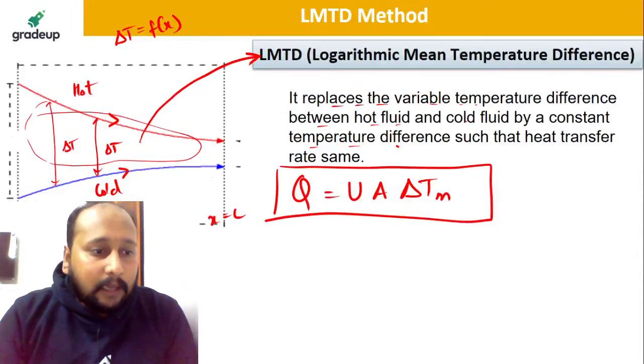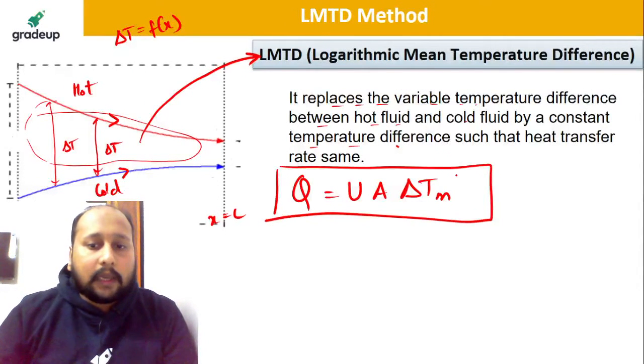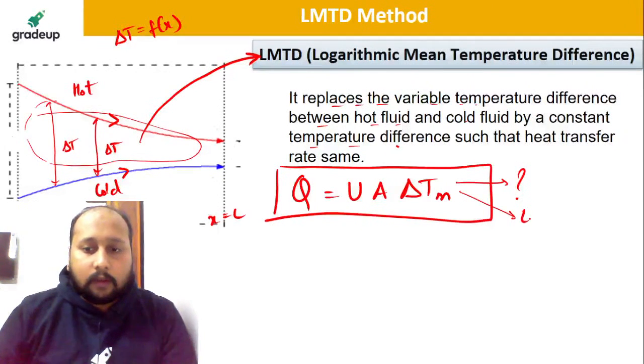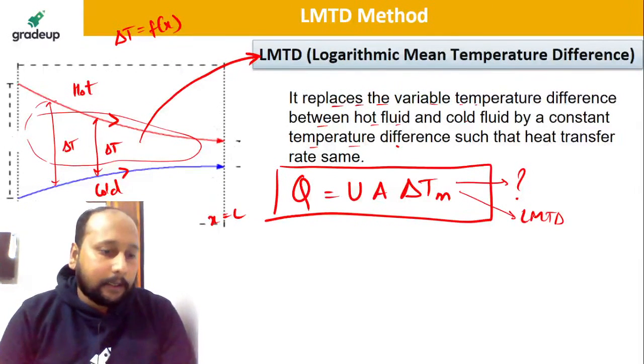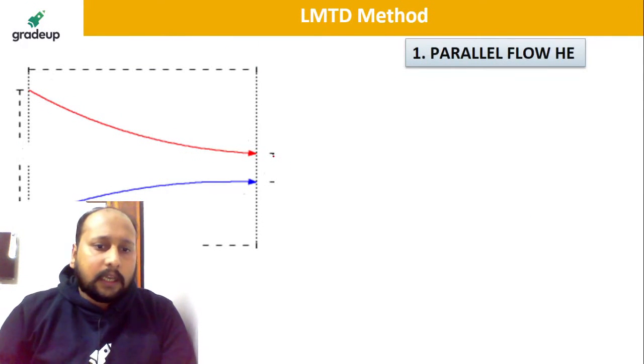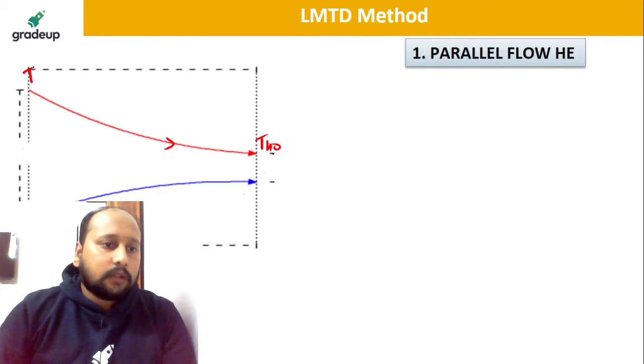Now the main problem is how to calculate this delta Tm, which we call LMTD. For this, let us suppose you have a parallel flow. This is your hot inlet, this is your hot outlet, this is your cold inlet, and this is your cold outlet.